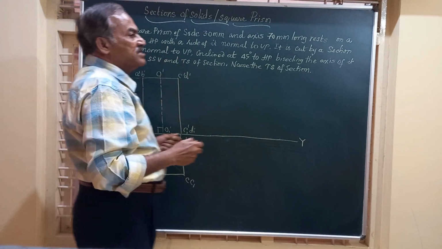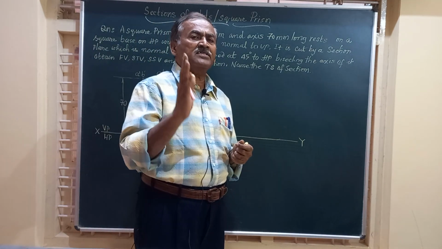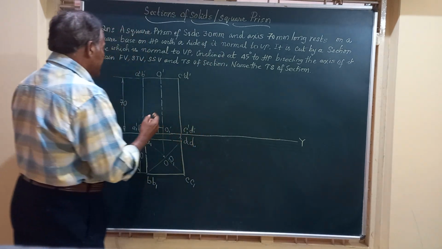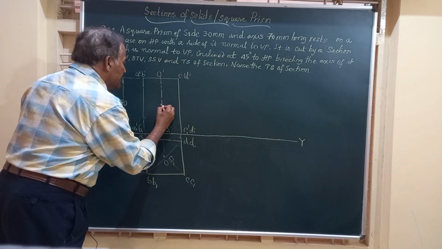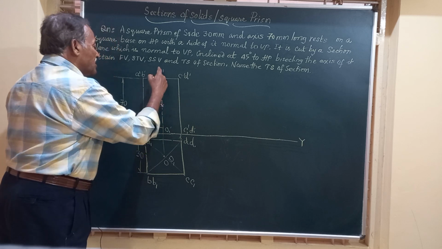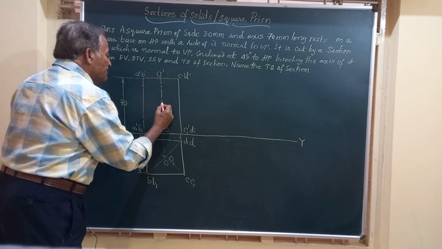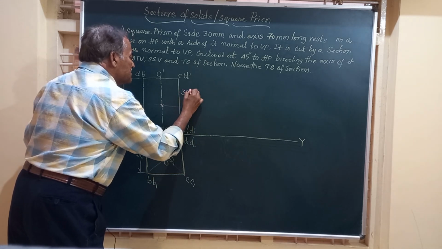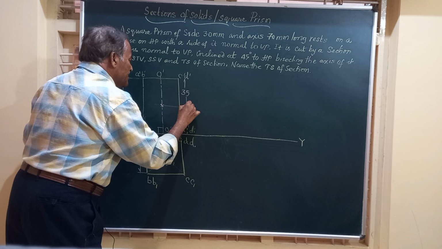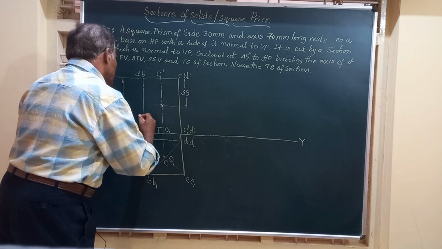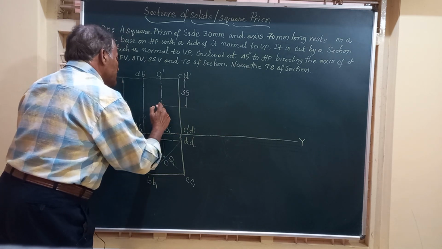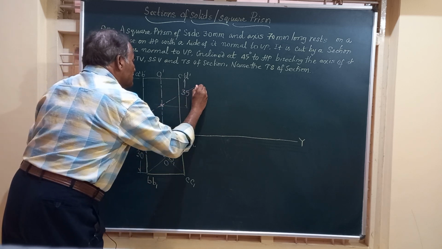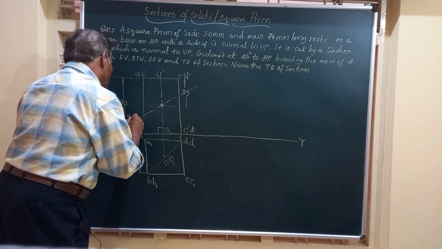So the section plane is bisecting the axis, cutting the solid into two parts, and it is inclined at an angle of 45 degrees. Friends, I mark the center of this height at a distance of 35 millimeter from here. This is 35, half the height of the solid, and here I am going to draw the section plane which is passing through this center and inclined at an angle of 45 degrees.